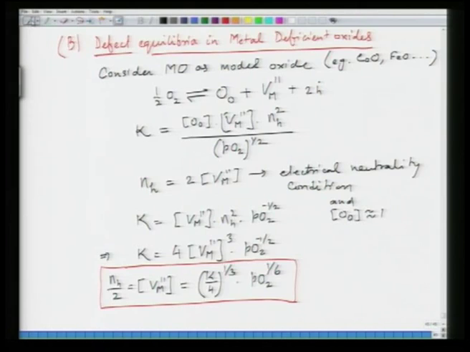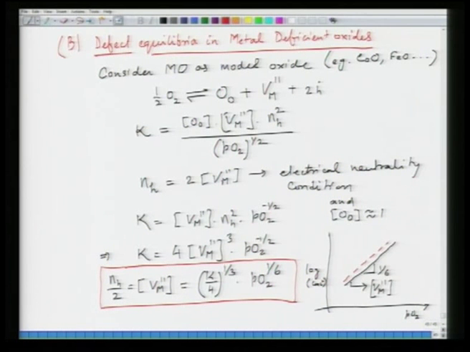So, if you just draw a plot here, the plot would be something like this. So, you have log of concentration and this is PO2. So, if this is your, oops, sorry, the positive slope. So, if this is your Vm line, then your hole line will be right on top of this.